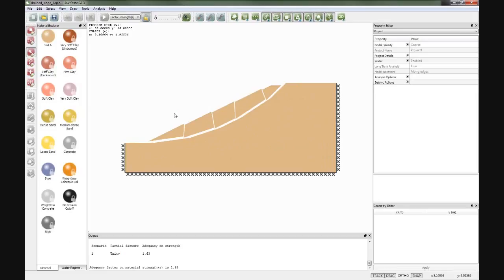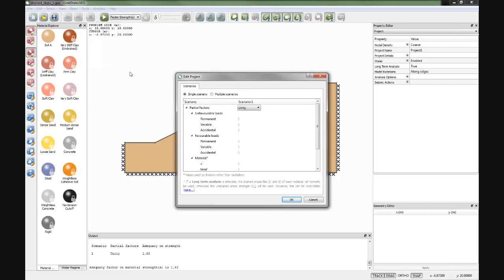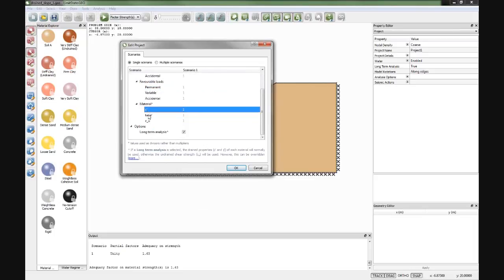Now, if we want to apply safety factors to that, we could say that's a factor of safety of 1.63 on strength for the whole slope, and be happy with that. But if we want to apply Eurocode 7, then we could use a scenario manager, and that allows us to set factors on unfavorable loads in the system, favorable loads, and material properties, c', tan phi', and cu. And we can set those to any value we want.